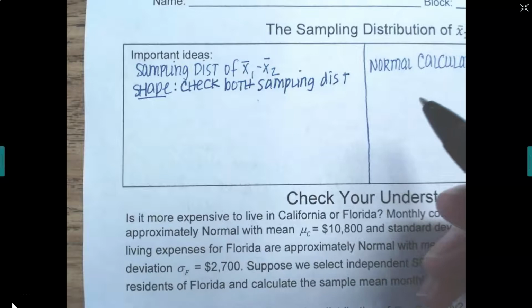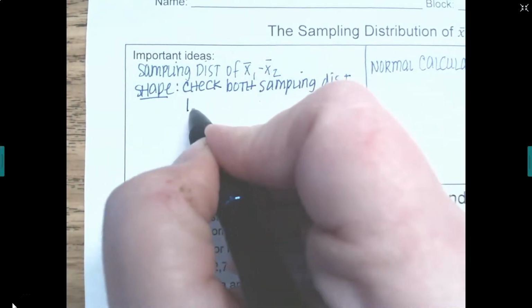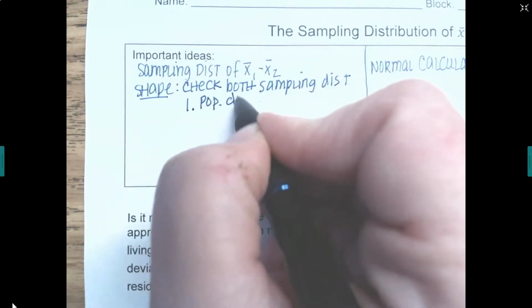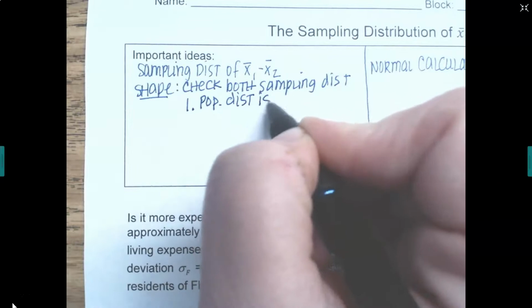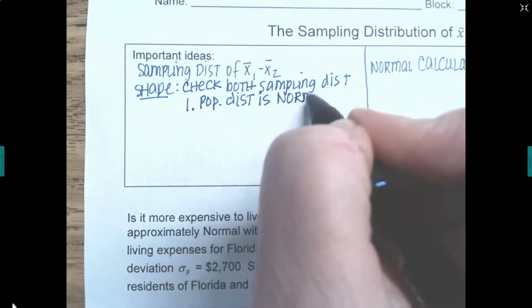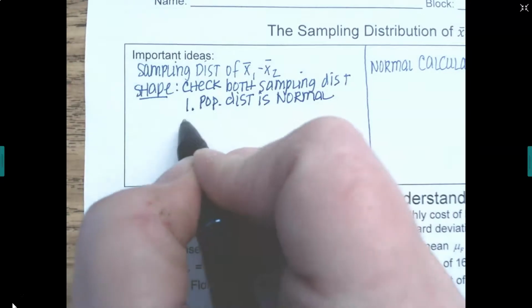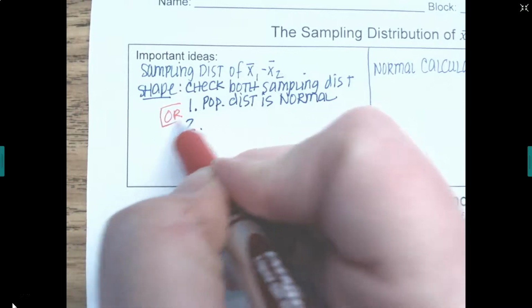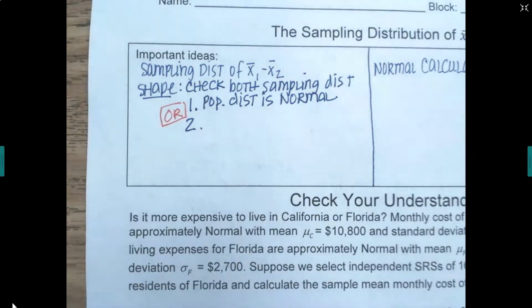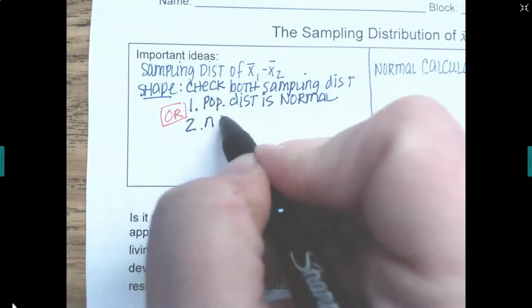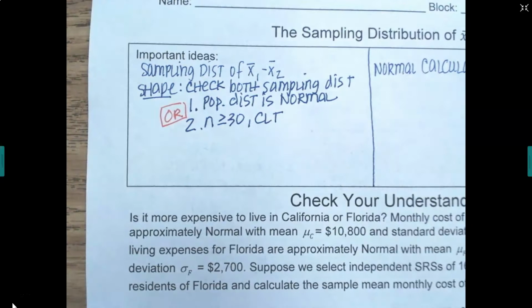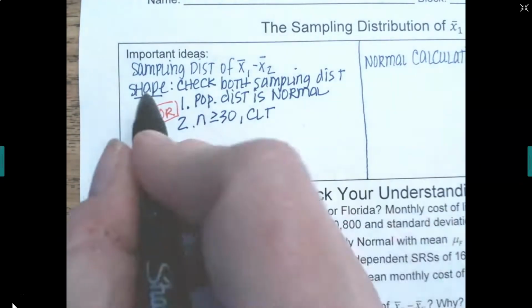And you have 2 choices here. It's going to be approximately normal if the population distribution is normal. Or, now this is an or situation, it's one or the other here. Okay, these are your 2 choices of what you want to use as your evidence. Or your sample size is greater than or equal to 30, so CLT is in effect. So that's for our shape.